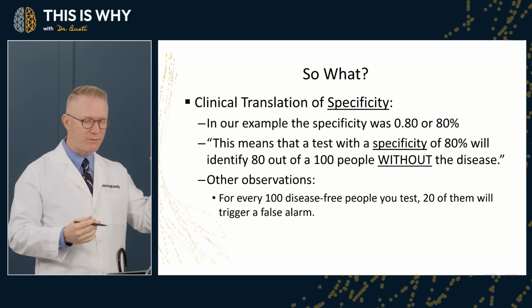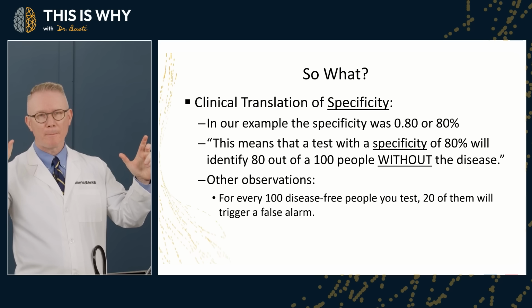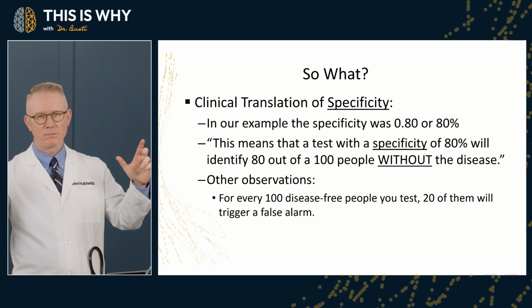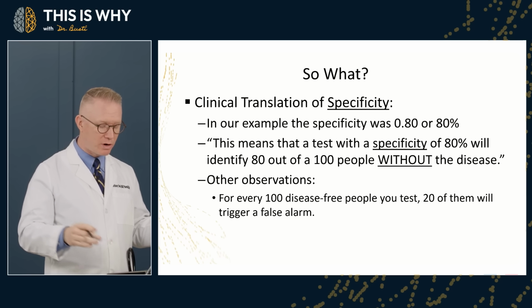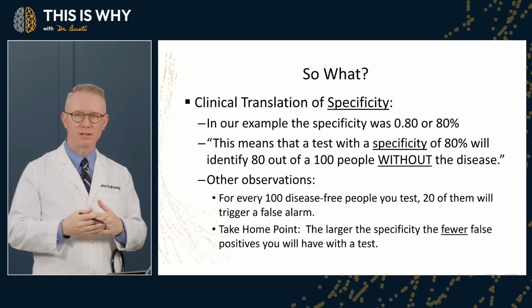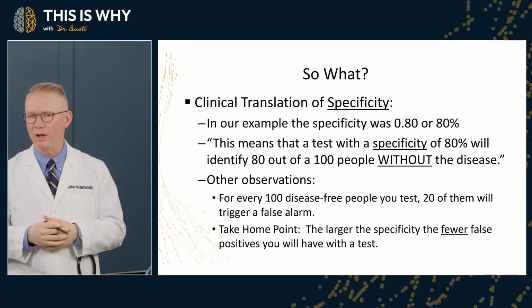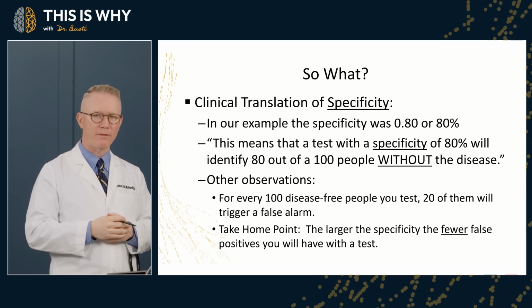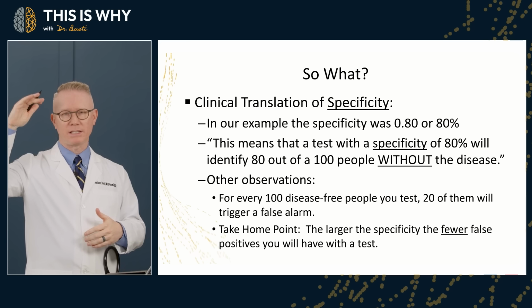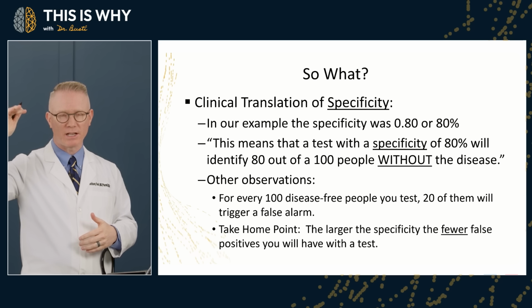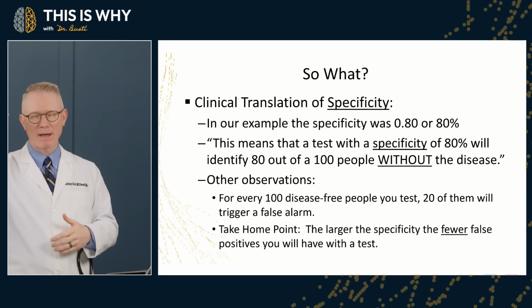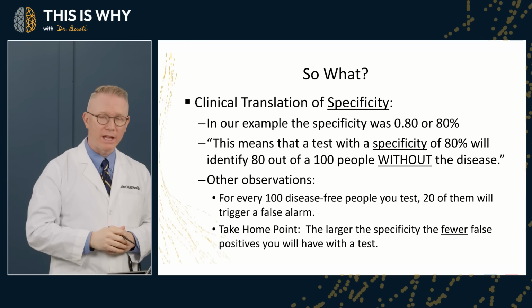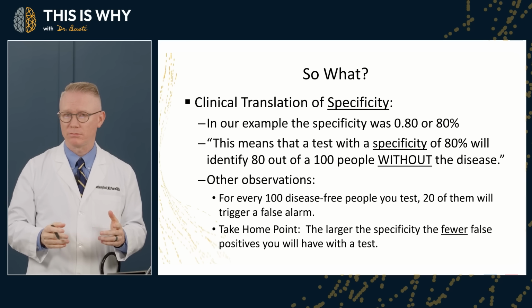Remember, specificity is about false positives. So the larger your specificity is, the fewer false positives you have. So you want a test with high sensitivity and high specificity. Very rarely is a test both of those.